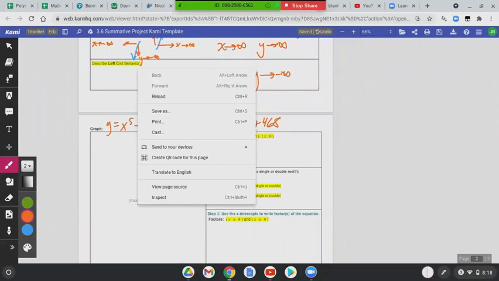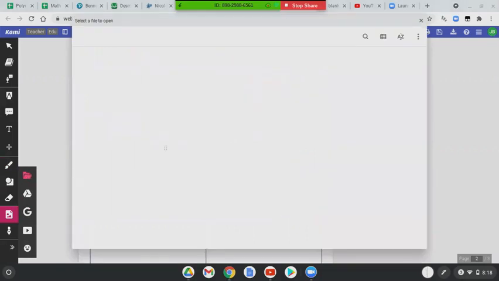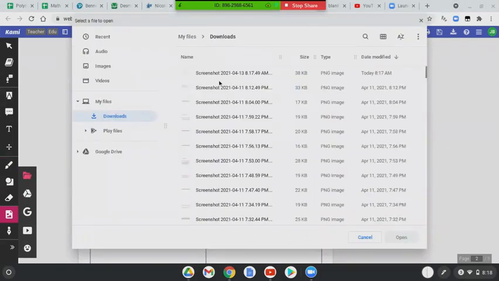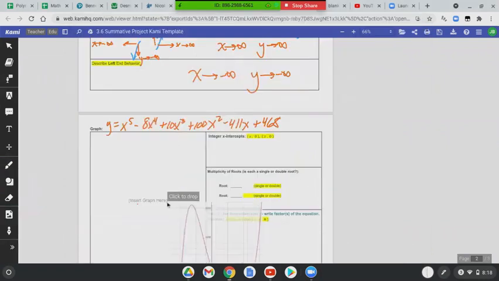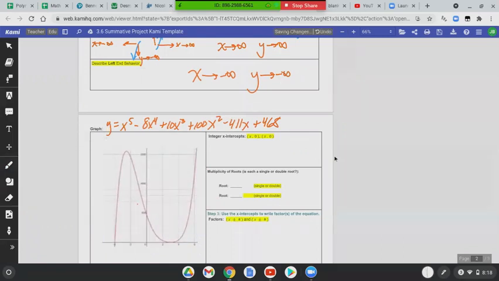Not exactly sure how to insert a document into a Cami document. Oh, maybe over here. Add media. I want to add from my computer. I did a screenshot, so I should be adding this. And there it is.